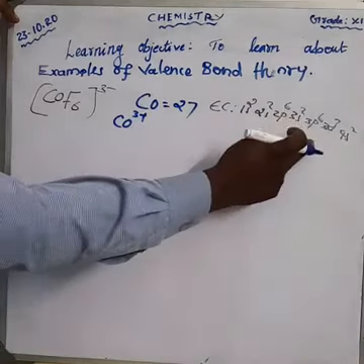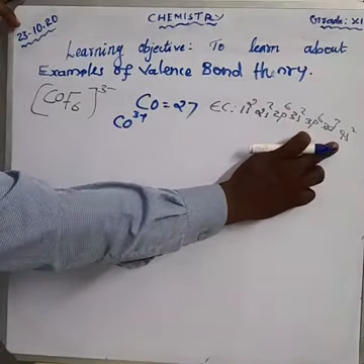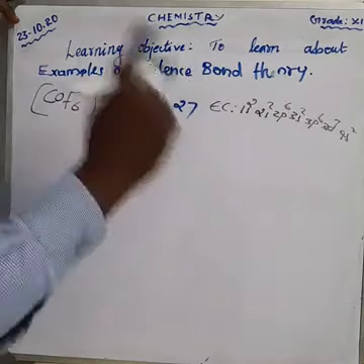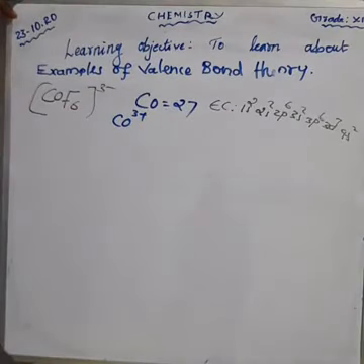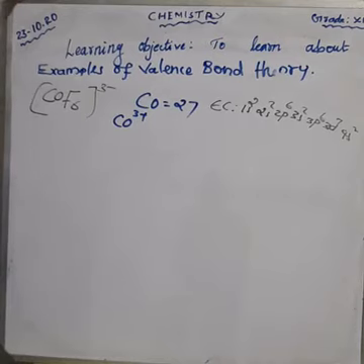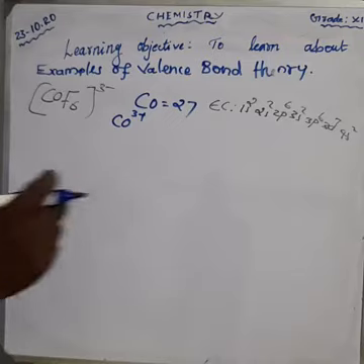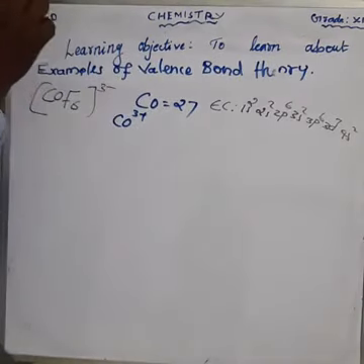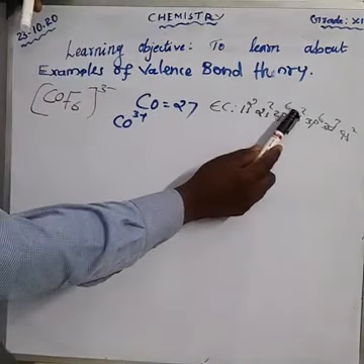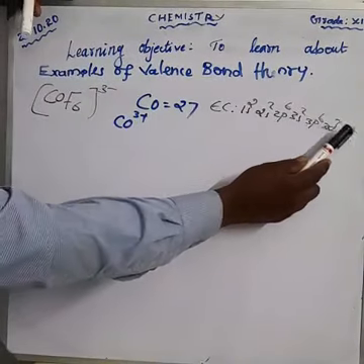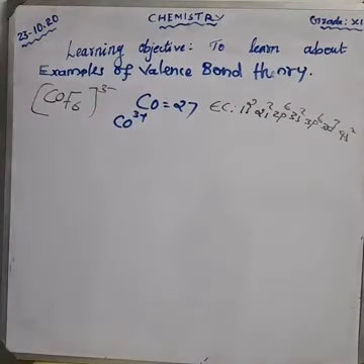Here loss of 3 electrons. First, count the atomic number: 10, 12, 18, 18 plus 20, 27. Okay, got it. 3 plus means loss of 3 electrons.